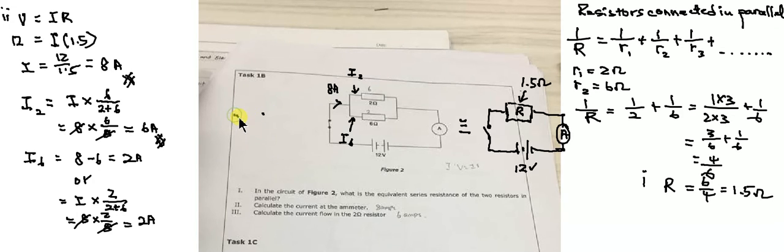Let's say I1 is coming in, and there's another current I2 flowing in. Let's say there's another current flowing out, which is I3, and another current flowing out, which is I4. So whatever comes in must go out.